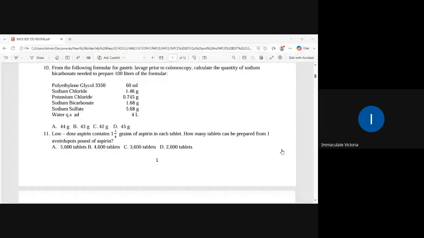Then we have polyethylene glycol 3350 60 ml, sodium chloride 1.4 gram, potassium chloride 0.745 gram, sodium bicarbonate 1.68 gram, sodium sulfate 5.68 gram, water QS 4 litre.